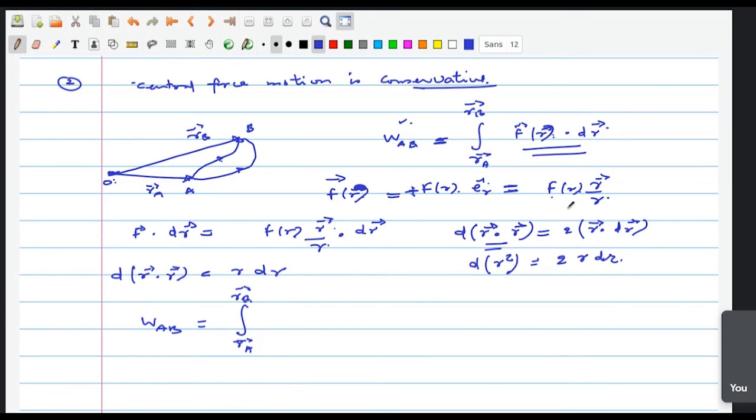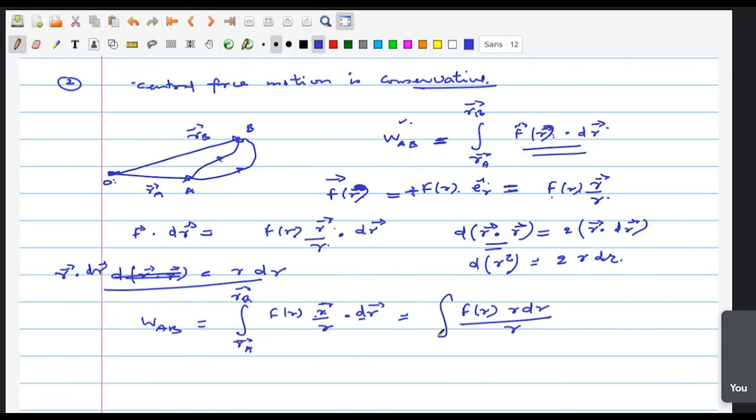This becomes Fr and r dot dr. On this side, this is r dot dr. So r dot dr we replace in terms of r dr divided by r, and this limit will then be replaced by the scalar quantity RA to RB. So this is Fr dr.